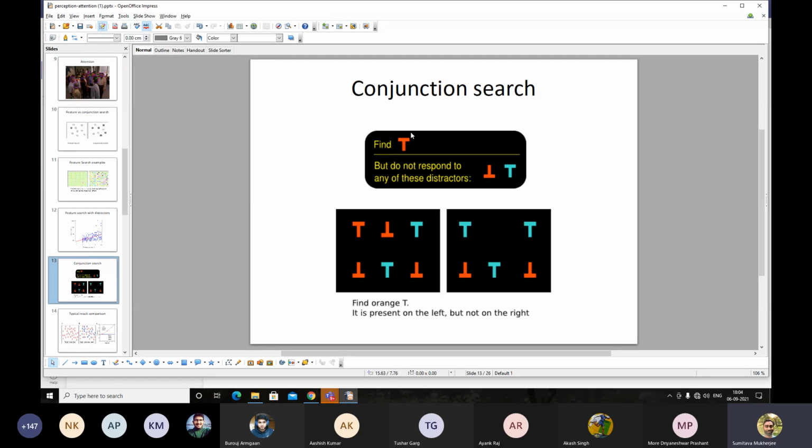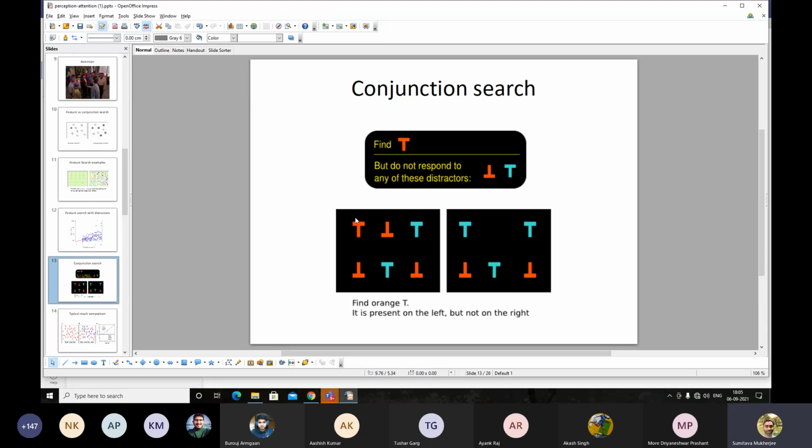An upright orange T is the target, which means the non-upright or the inverted orange T is a distractor. The upright blue T is also a distractor. Now here, see what's happening. I have to search for both the pattern, which is a T, and also for a color, which is orange.